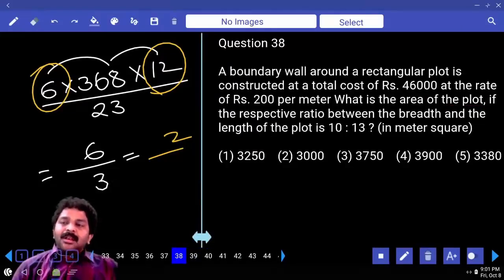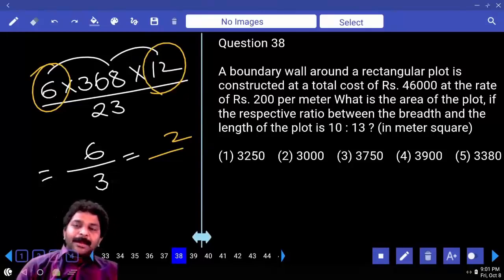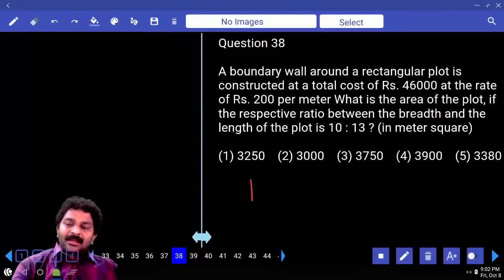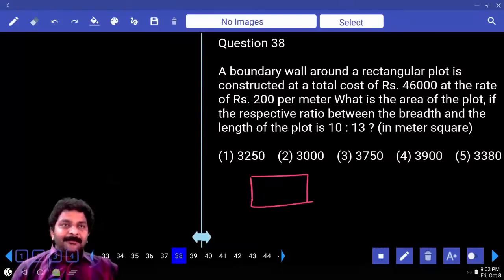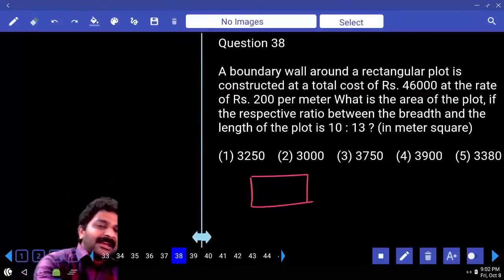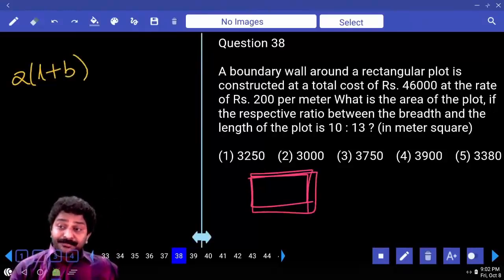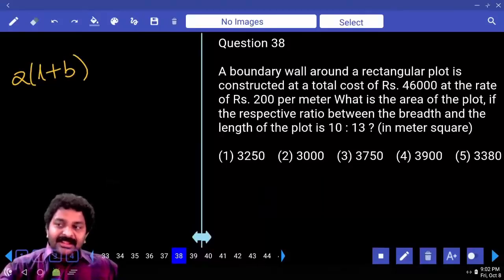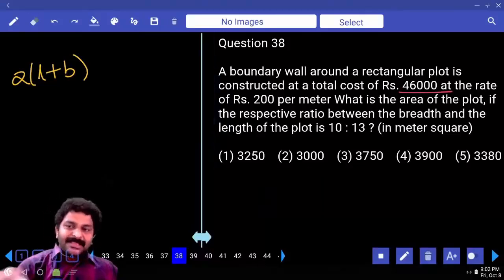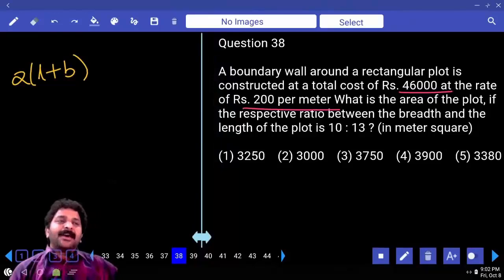A boundary wall around a rectangular plot is constructed at a total cost of 46,000 at the rate of 200 rupees per meter. Boundary wall is for the perimeter only. So perimeter is equal to 2 times (L plus B). For constructing this boundary, it cost 46,000 rupees at the rate of 200 rupees per meter.